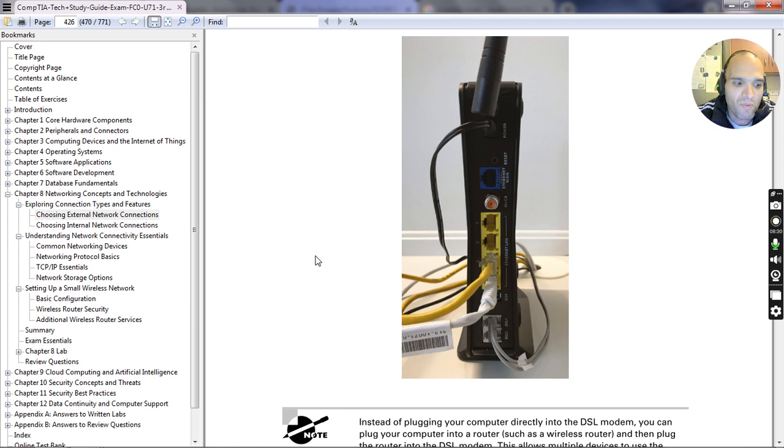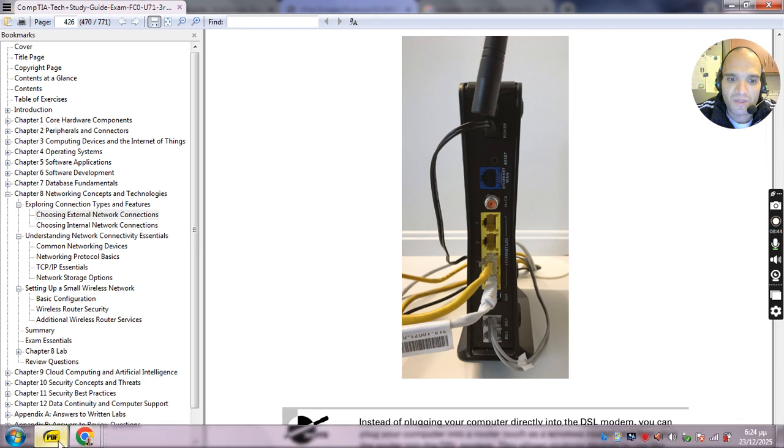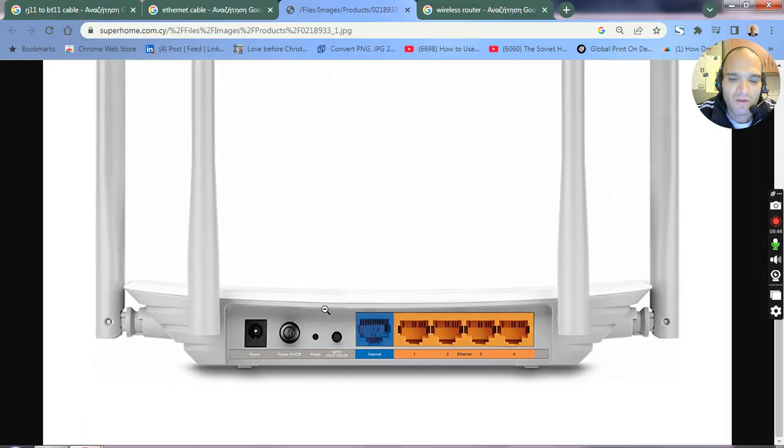So by doing this, we avoid connecting any particular computer either wirelessly or wired in the particular device. And what we do is we connect all the devices we need in the secondary router of our SOHO premises.